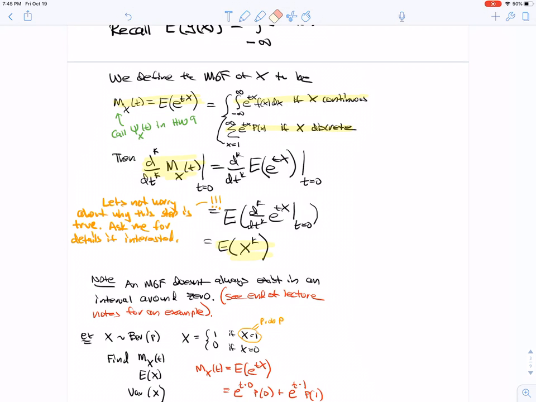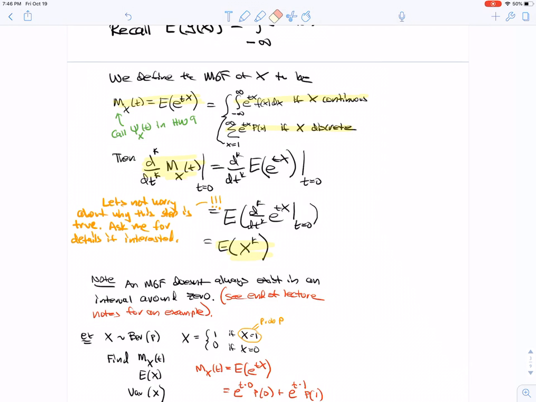And then it seems like I'm just passing the derivative through the expectation. Let's not worry about why this is justified. You need to know some things from real analysis, such as the dominated convergence theorem and the mean value theorem, for me to explain this. But anyone with that background who'd like to talk about it, just let me know.